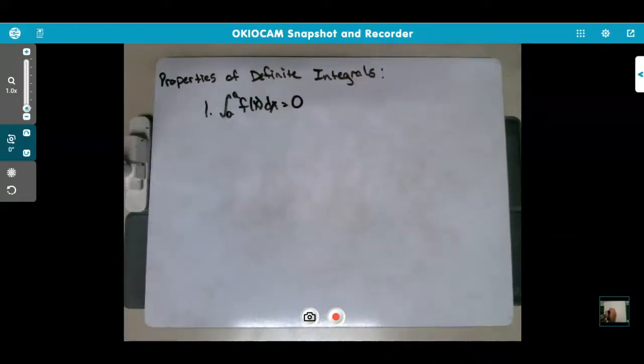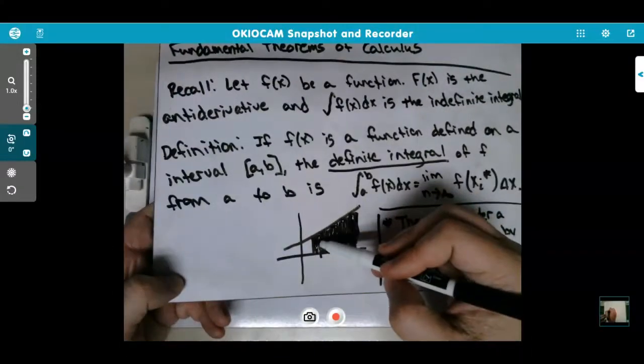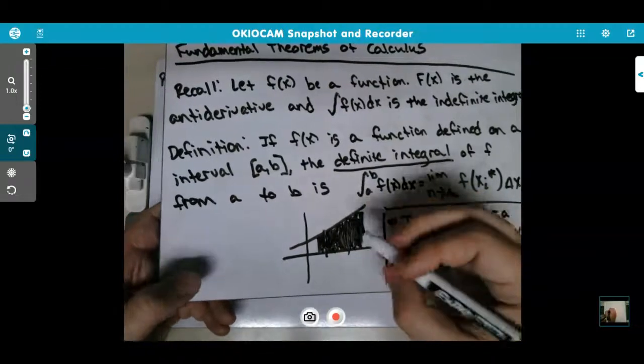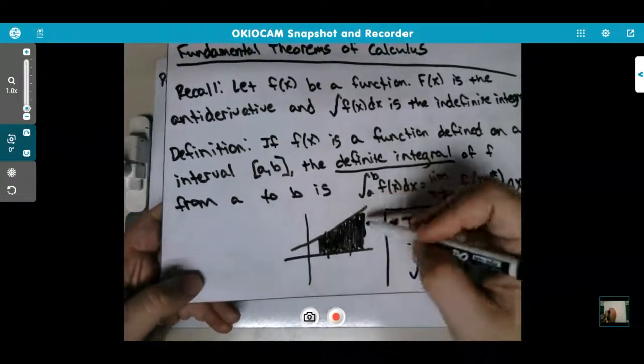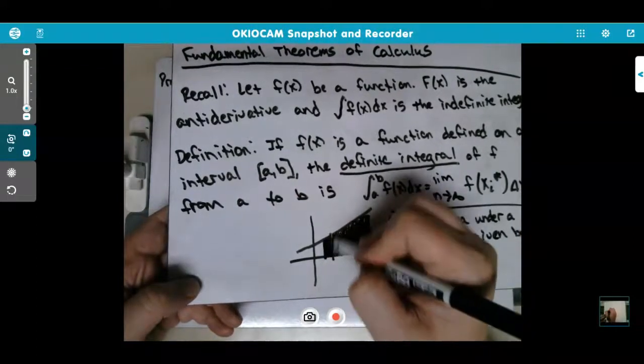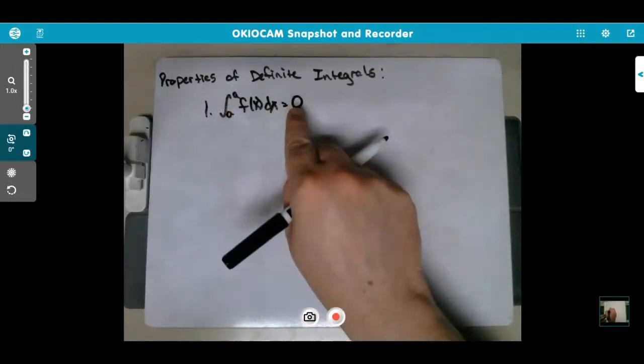And the reason is because if my endpoints are the same, then I don't have any space here, right? Because if it's just one part, that's just one line, and so I don't have a bunch of space right here. Okay, that's why that kind of makes sense. So if my bounds are the same, I get 0.